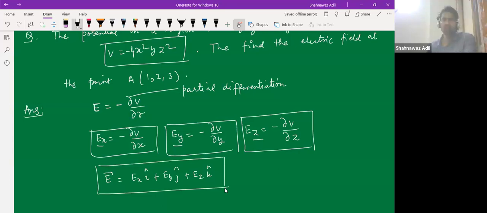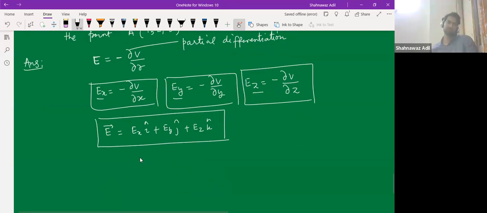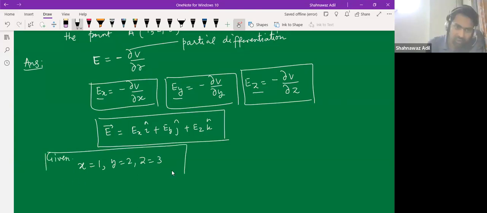Is this thing clear, guys? The electric field at x is 1, y is 2, z is 3. This is given. We'll come to this point later, but let us calculate Ex, Ey, Ez first.